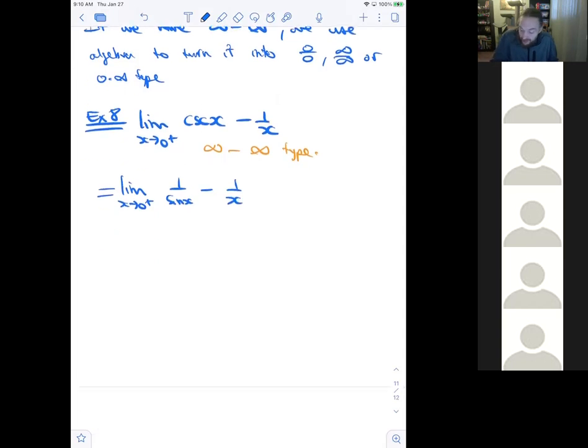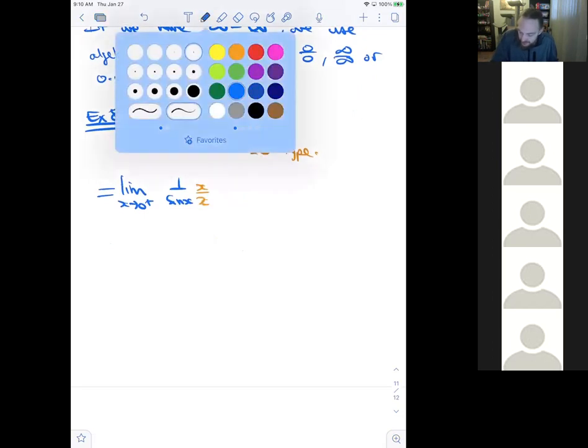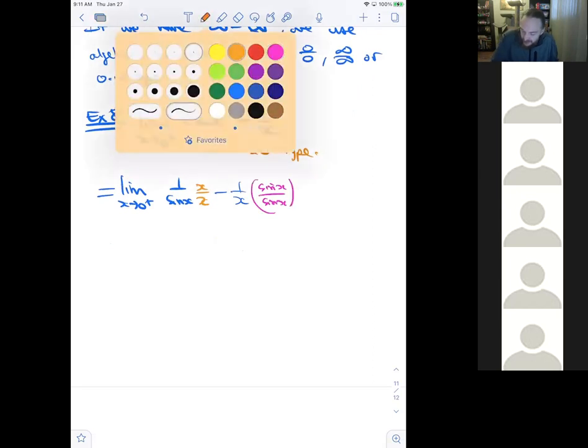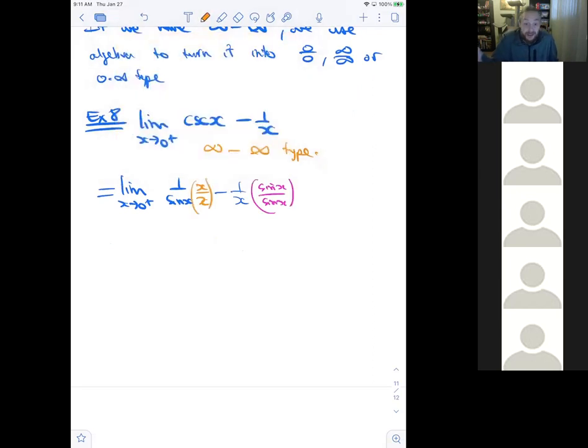Here I'm missing x, and here I'm missing sine, so I'll multiply by what I'm missing to get a common denominator. Once I get the common denominator, this equals the limit as x approaches 0 plus of x minus sine x over x times sine x.